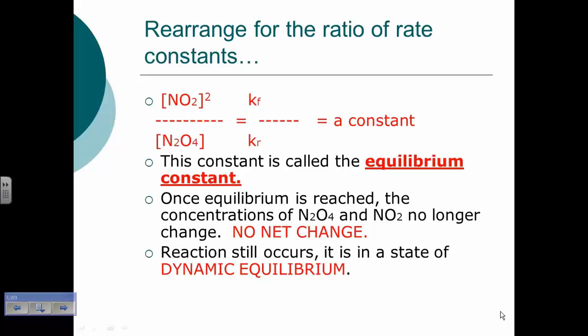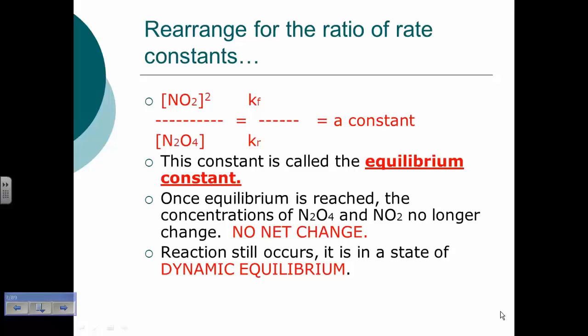It's a ratio that compares the K constant of the forward to the K constant of the reverse. And look how it's calculated. Product over reactant, where coefficients come directly to the power with which it's raised because these are elementary equations. Products over reactants, stoichiometry dependent.